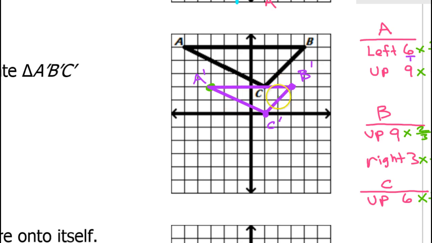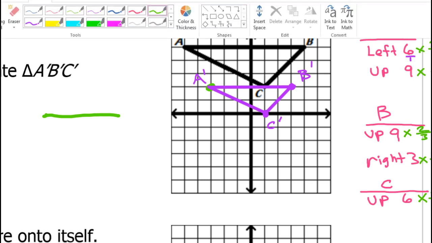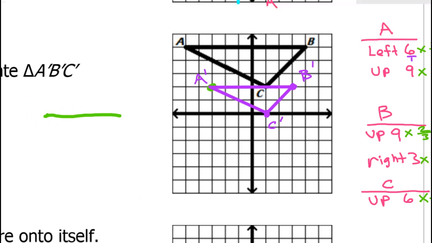So if I'm going to do a 90-degree rotation, let's start with point B. This should be easy because this is already a horizontal line. If I take a horizontal line like this and I rotate it 90 degrees, did they say counterclockwise?